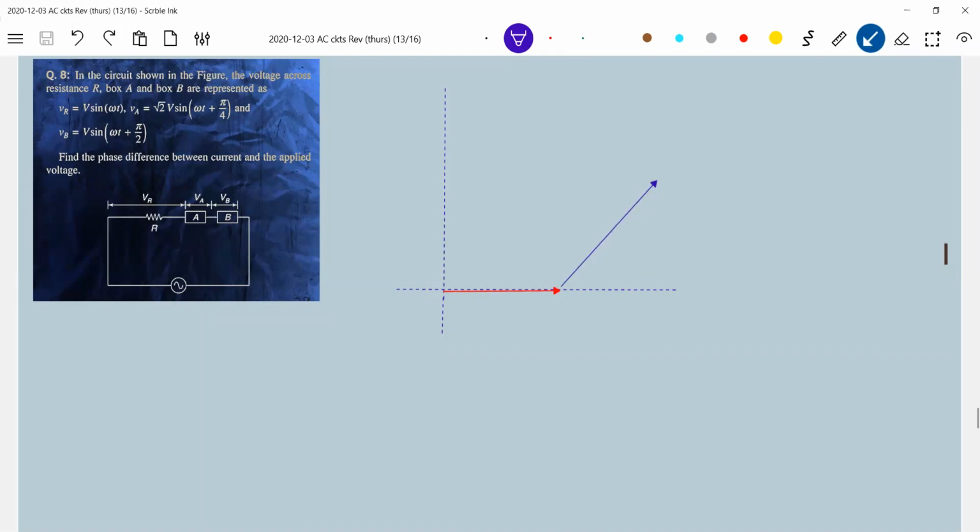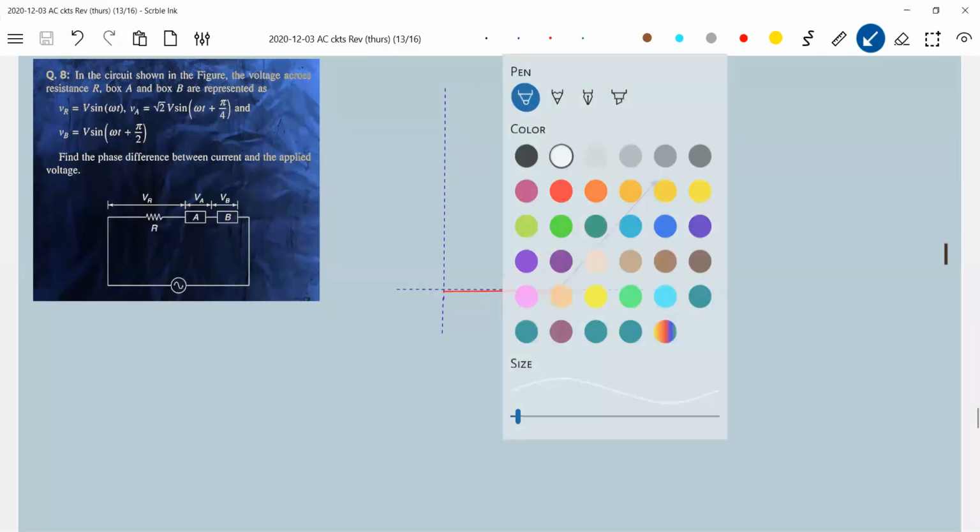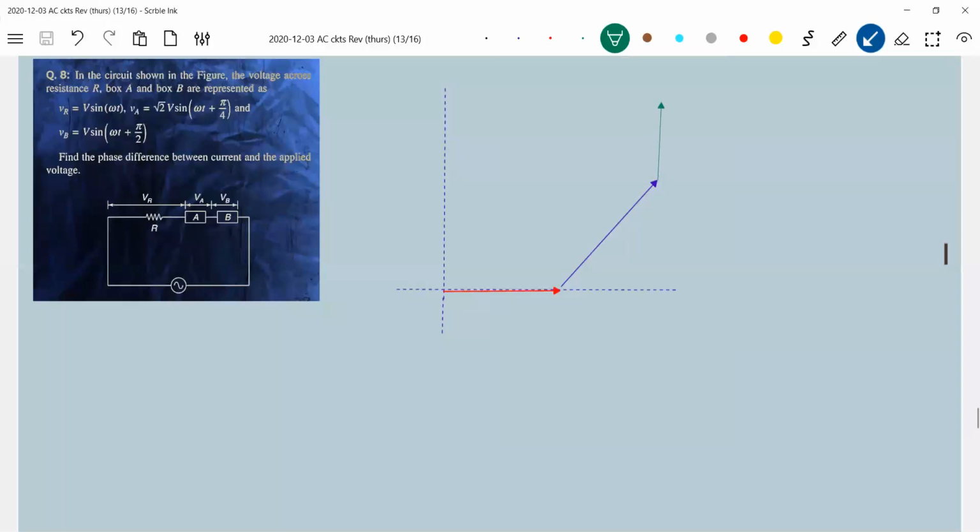root 2 V, a little bit longer I'm showing. Then again we are having the resultant. So this is VR. This is VA.